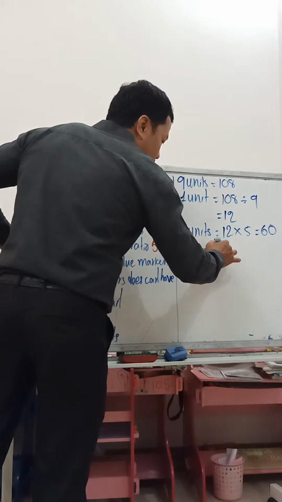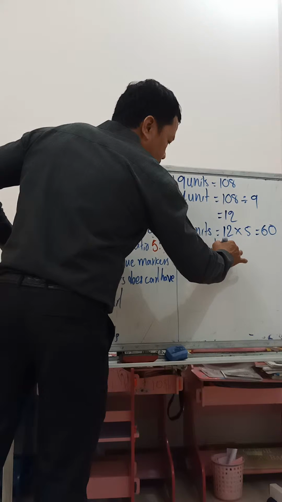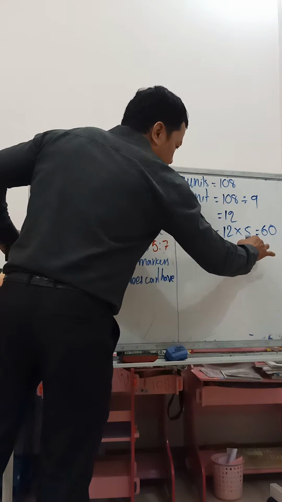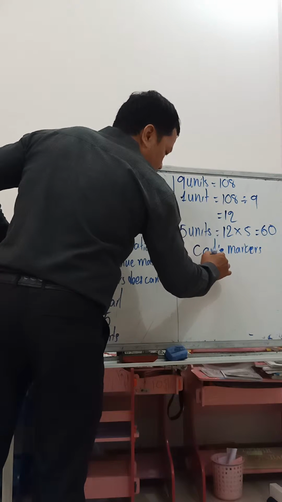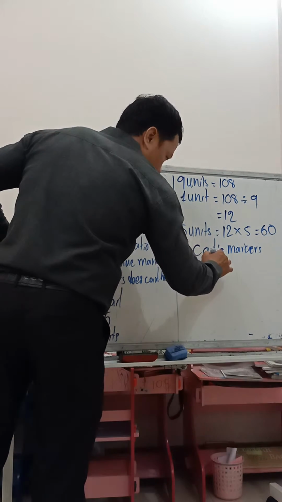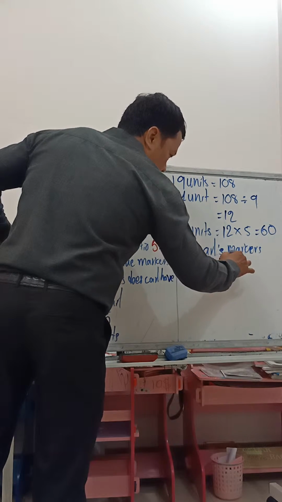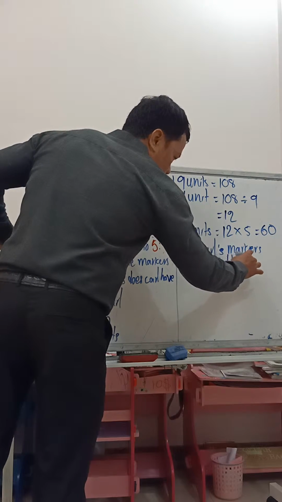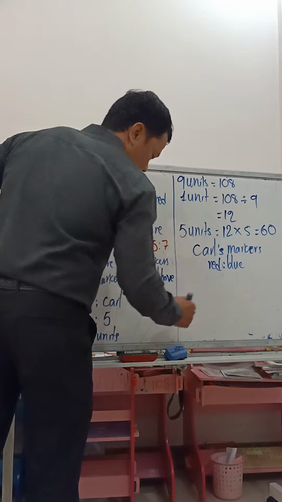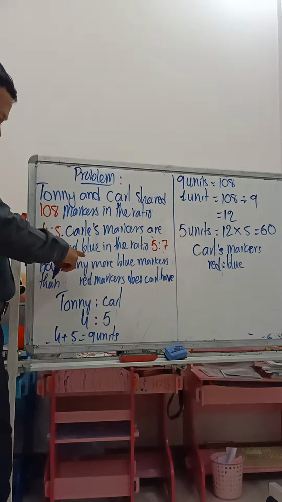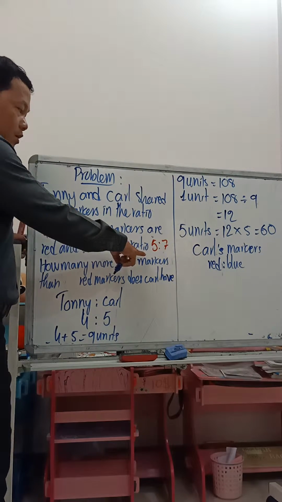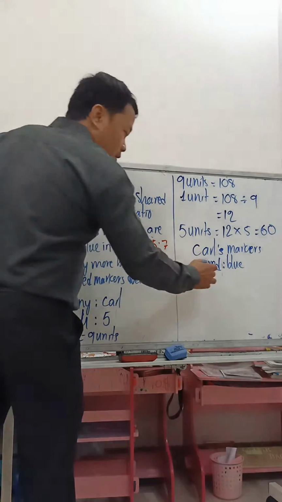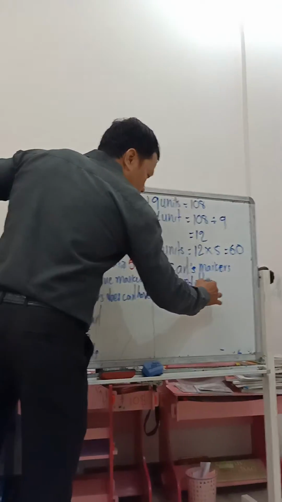Carl has red and blue markers, right? Carl's markers share the ratio of what? Red and blue. Carl's markers are red and blue in the ratio 5 to 7.